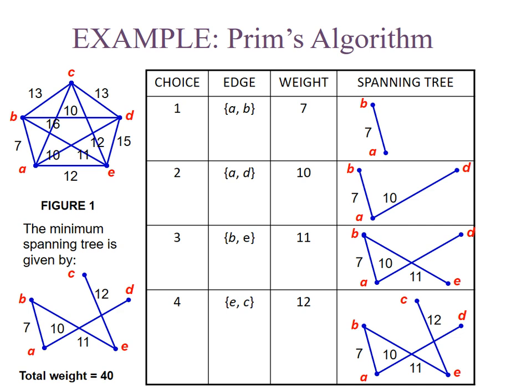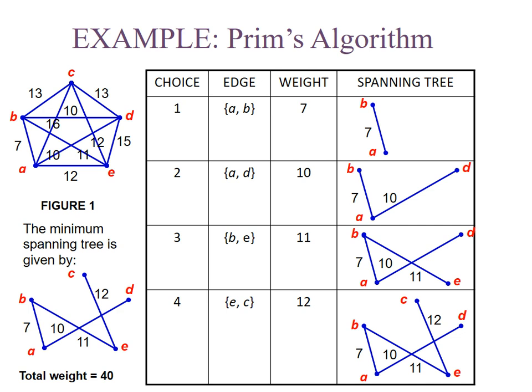So in this case, if we choose AD, then our second step is the edge AD with weight 10, so our current spanning tree will be B, A, D. Right? And then for our current tree, we can select the next least weight.